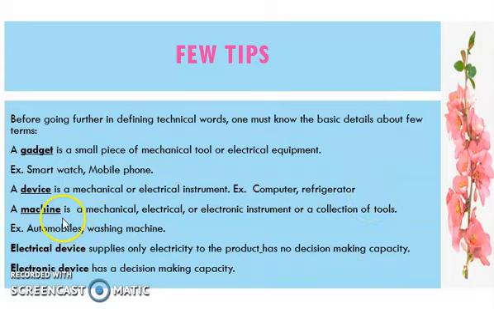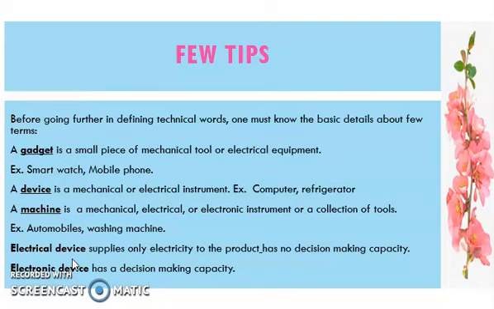We call a product a machine when it includes mechanical, electrical, or electronic instrument inside along with the collection of tools. For example, automobiles, washing machine, and so on. Electrical device. There is a difference between electrical and electronic device. There are a lot of differences.